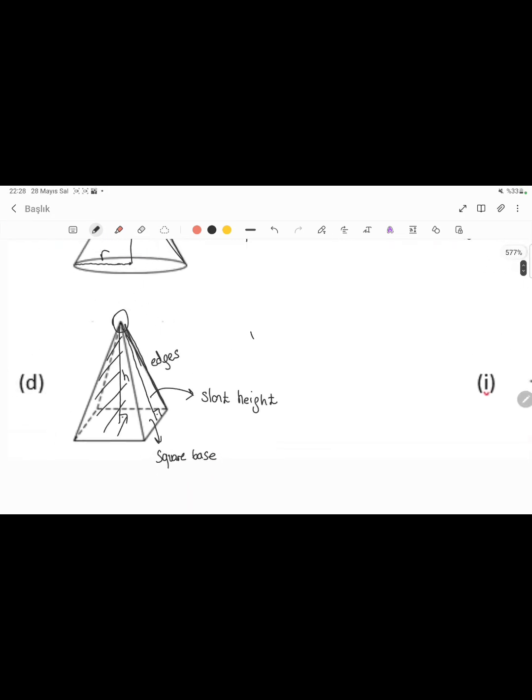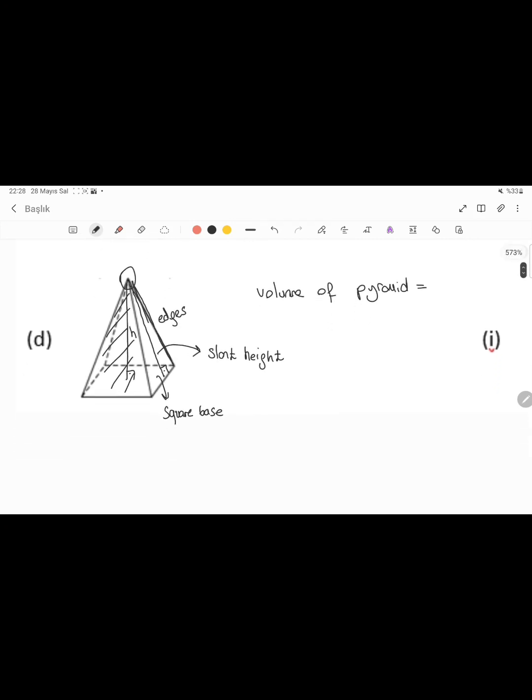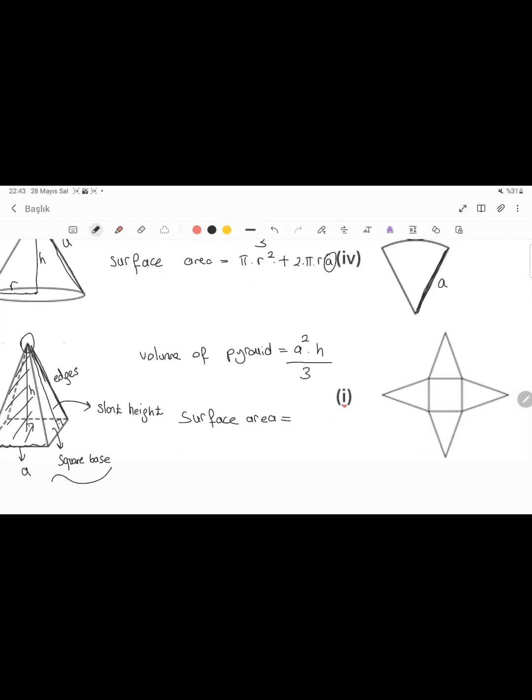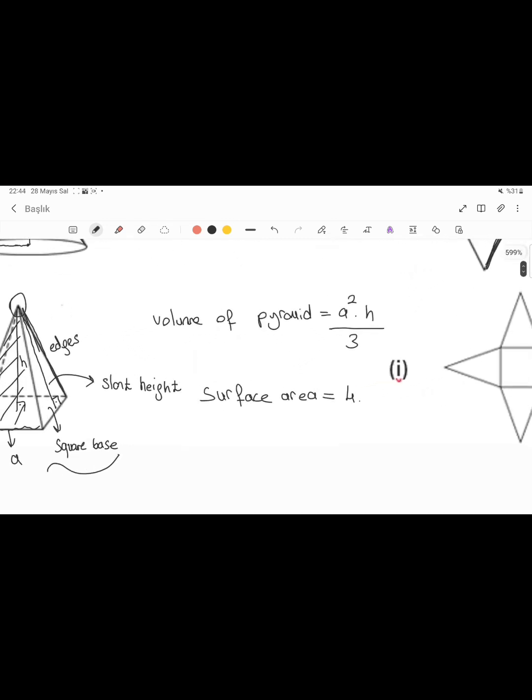Volume of the pyramid is equal to area of base, so the square, whose sides are A, so A squared, times height divided by 3. The surface area is equal to 4 times lateral face area.